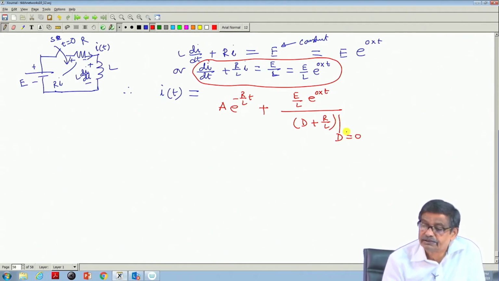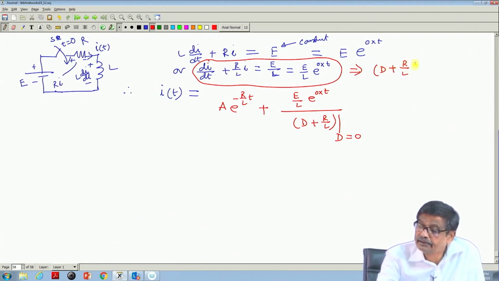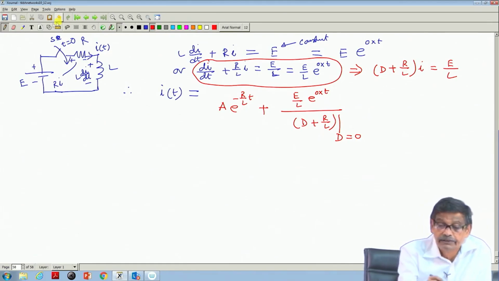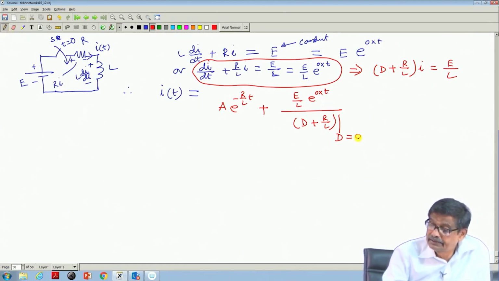That is what. So, this equation is nothing but d plus r by L into I is equal to E by L. So, this can be expressed in terms of e to the power s t, where s is equal to 0. I am so sorry, D equal to s is 0 here, s is 0 in this particular problem. So, d equal to 0 you put.